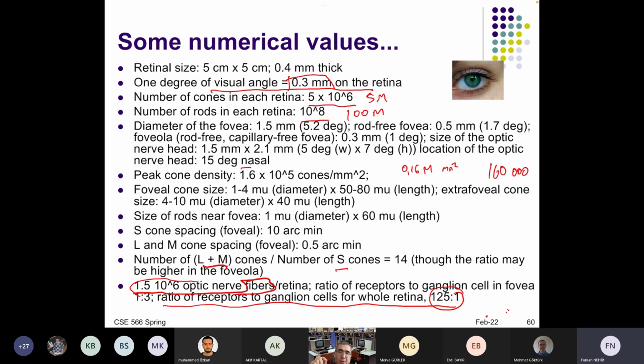So 0.3 millimeter goes to 1 degree, so that you can compute how many pixels correspond to how many cones. If you exceed that number on your screen or equalize that number, your screen is called a retina screen commercially.